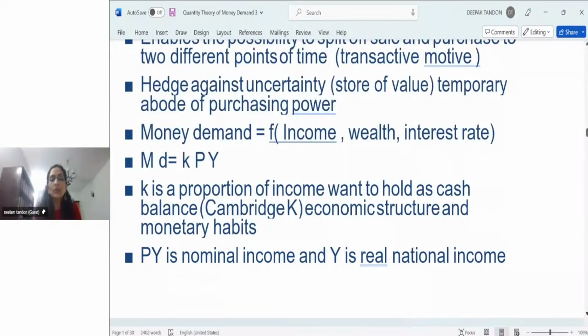Yes, you know this, no? So Y is the real national income and PY is a nominal income because PY is a product of income and price. So if the price goes up, one of you was sharing that the value of the rupee will decrease. Why does it happen? Because of inflation. So that is a component of P. I hope it is clear to all of you.